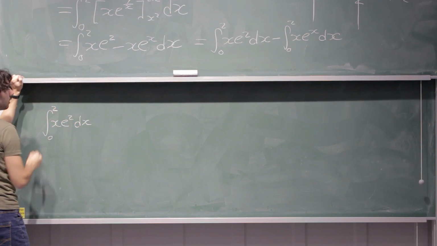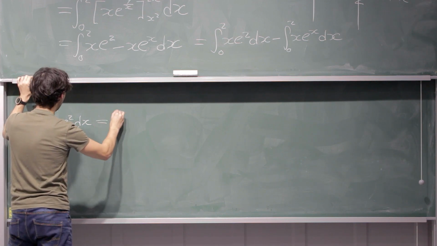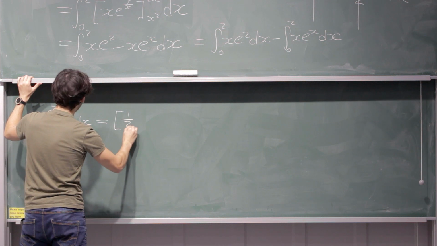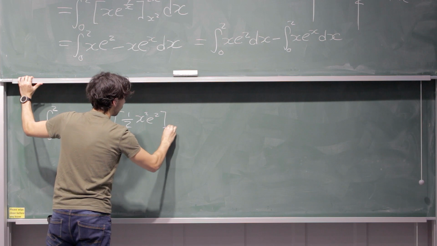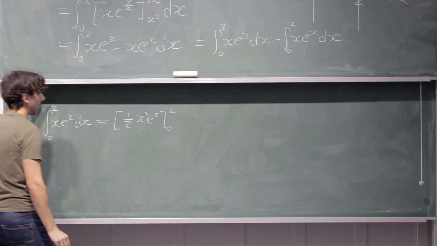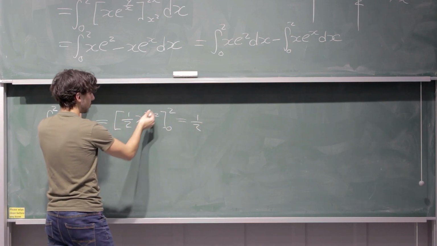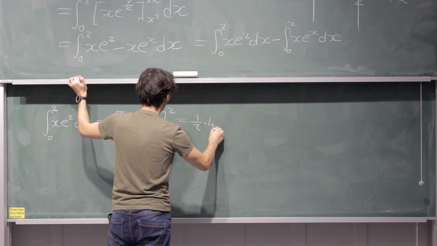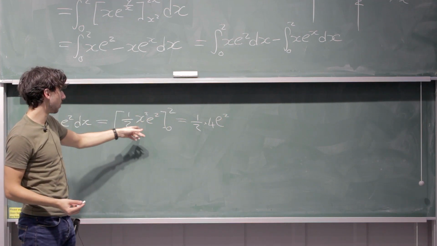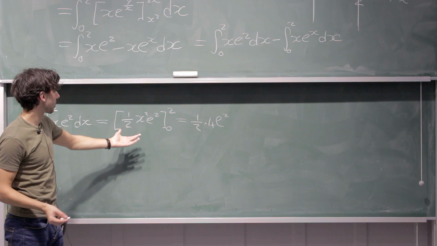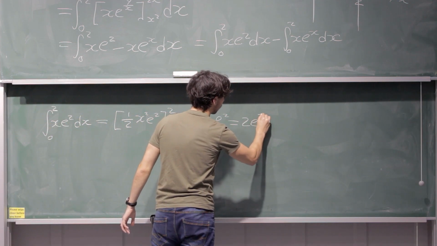Because it looks a little bit deceiving, but actually e squared is a constant, isn't it? So this is just going to be a half x squared e squared from 0 to 2. Lovely. And we will evaluate this. We end up with 1/2 times 2 squared, which is 4. So half times 4 e squared. And then we would be taking away some 0, but I'm not going to write take away 0 because it's just 0. So this actually just ends up being 2e squared.